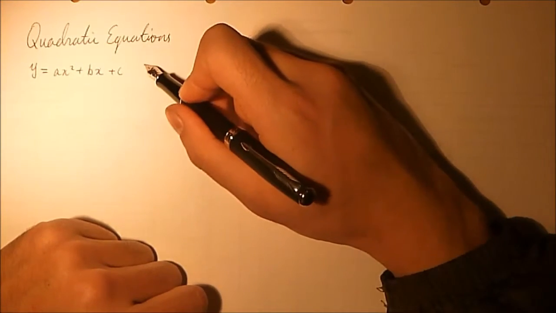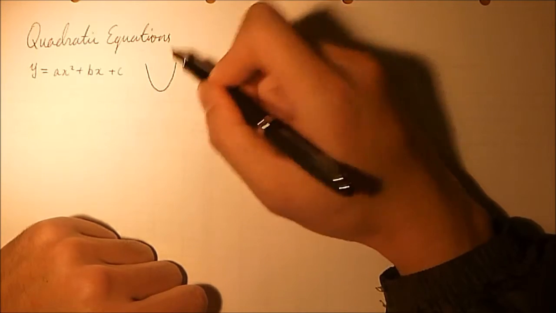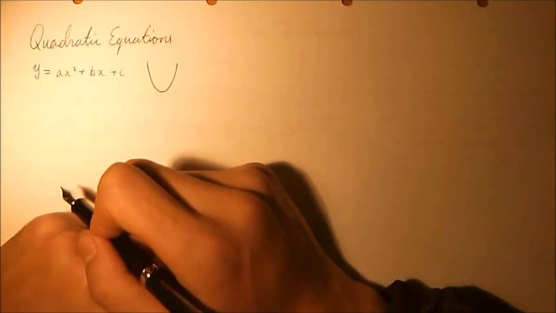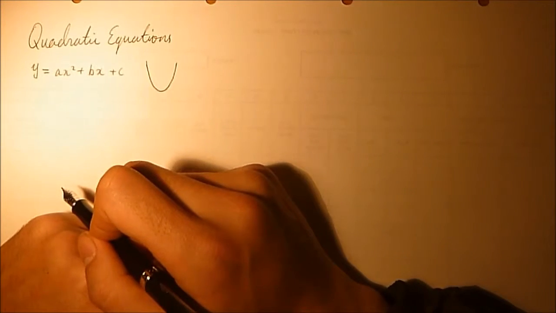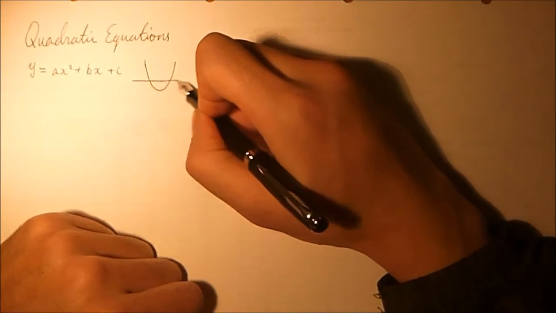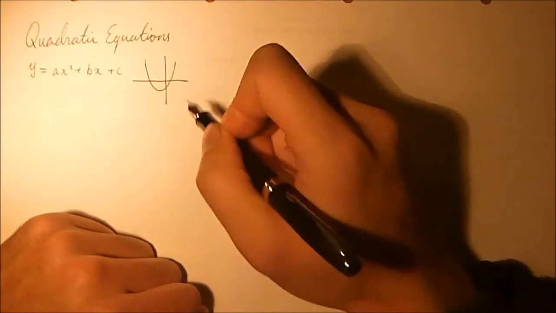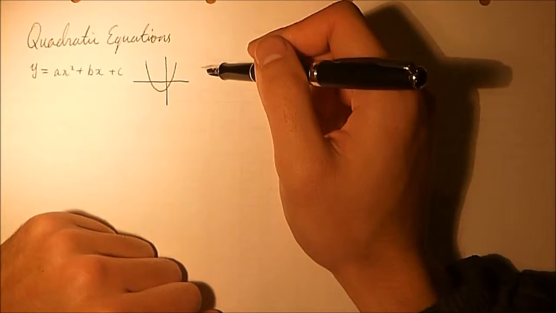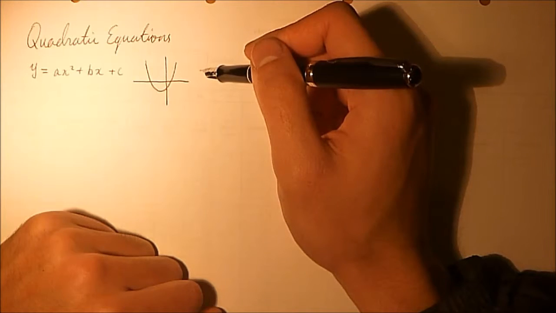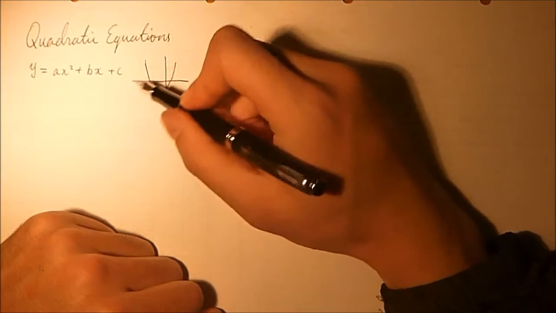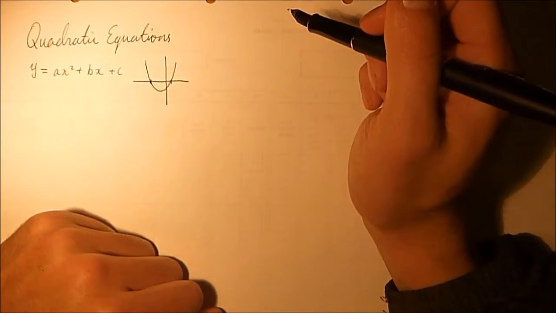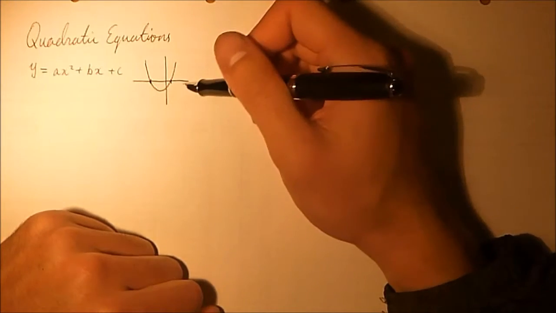Assume a is positive, then we have a parabola that's facing up. And if this parabola cuts the x-axis, then it will look something like this. Sometimes the parabola may not cut the x-axis at all, or only touches the x-axis at one place. But if it touches two places, then these two points will have the y value of 0 because they are on the x-axis.